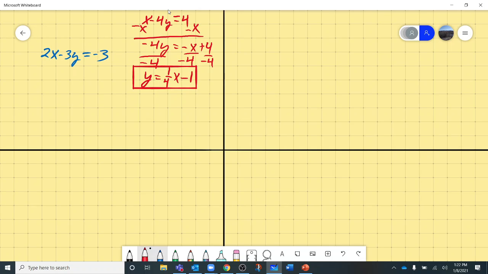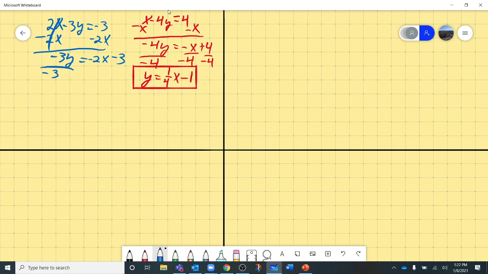Our blue equation, which I'm going to rewrite up here a little bit higher and then go through the same steps. I'm going to subtract 2x from both sides. That's going to cancel. Negative 3y equals negative 2x minus 3.